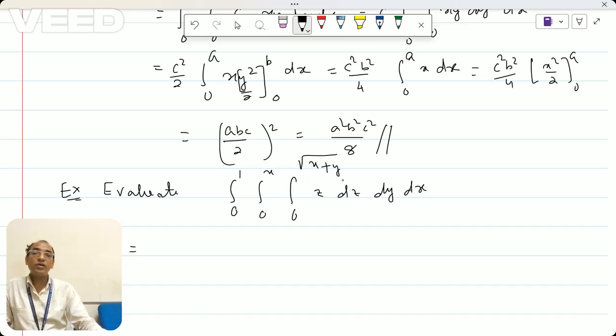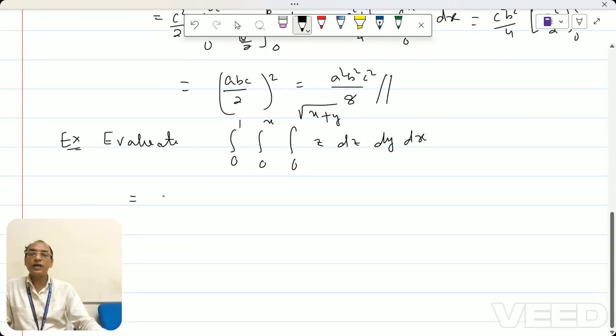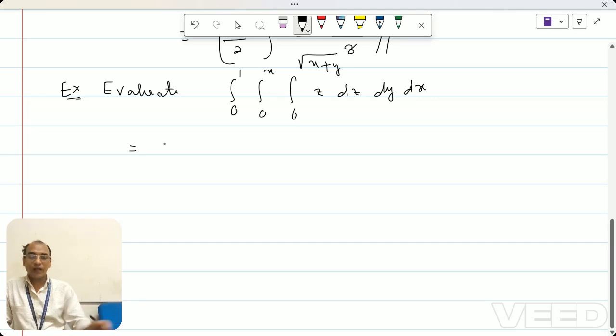So when you are having the innermost limit as a function of x and y, the first integration will be with respect to z. That means z is the innermost integral, and then you see the second integral has a function of x, so the next integral will be with respect to y, and finally the outer integral will be with respect to x. So now we will evaluate it one by one.